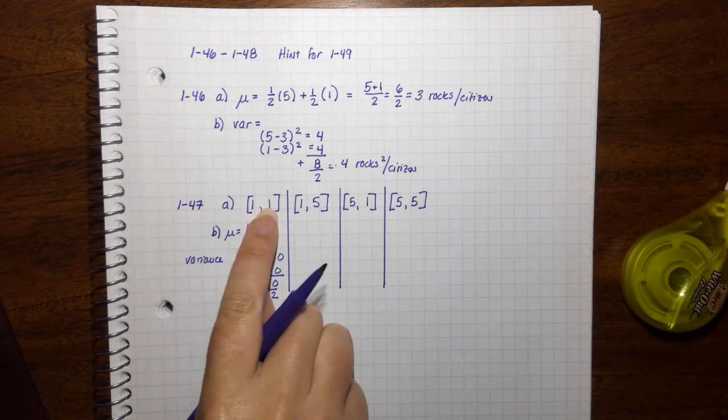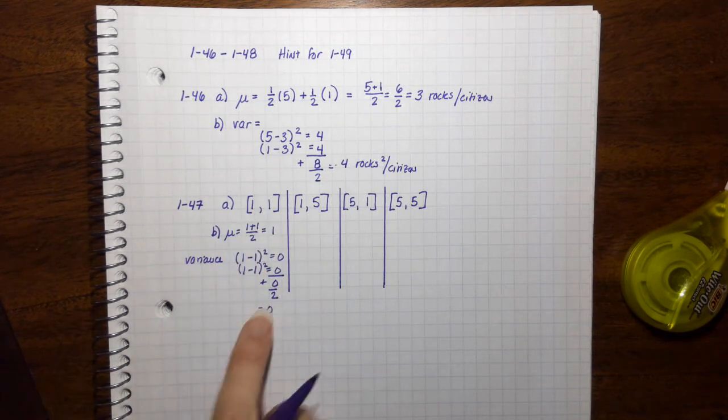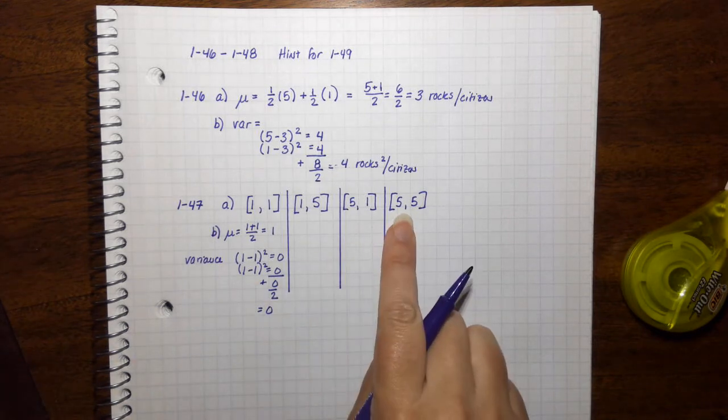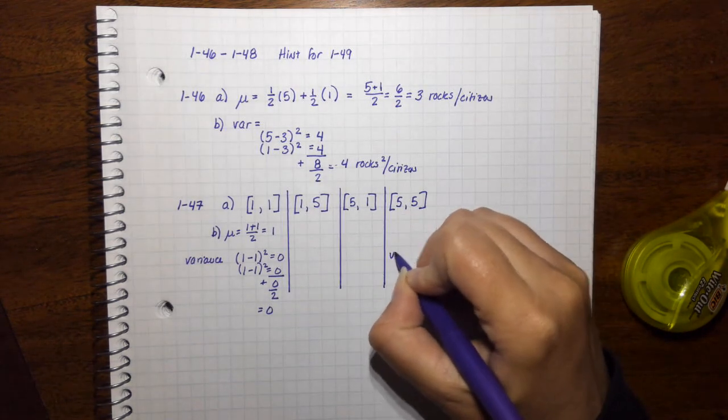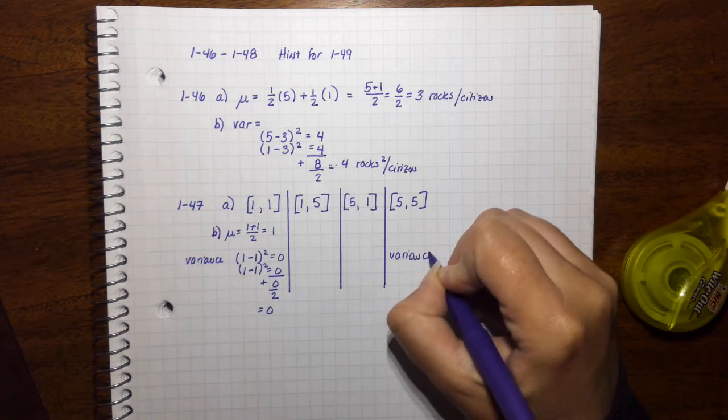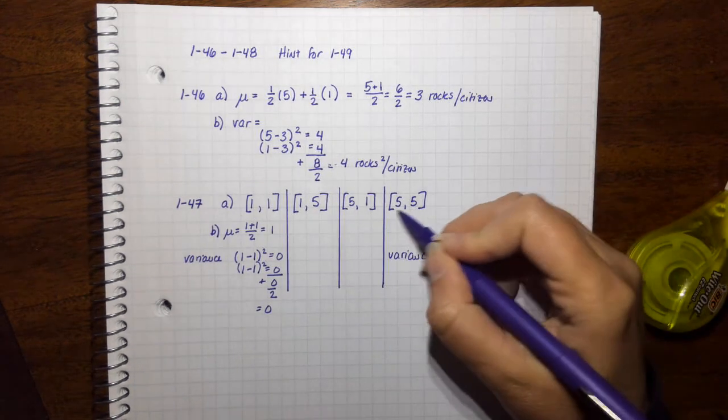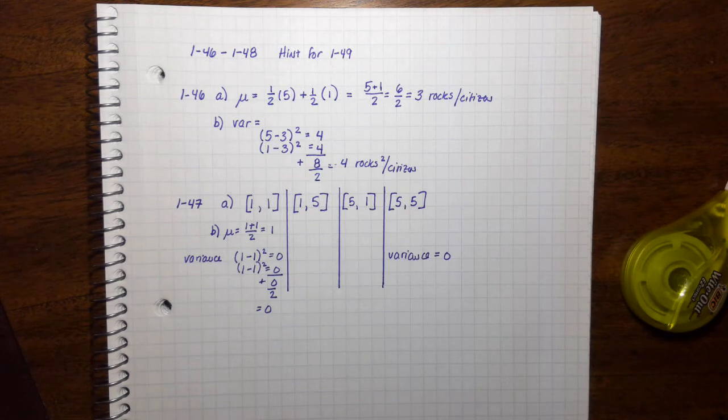How spread out are these numbers? They're 0 spread out, because they're exactly the same number. Can you guys see another set of values of a sample that will also have a variance of 0? Yep, this one. And you don't even really have to calculate it. You just know the variance is going to be 0 because these numbers do not vary from each other.